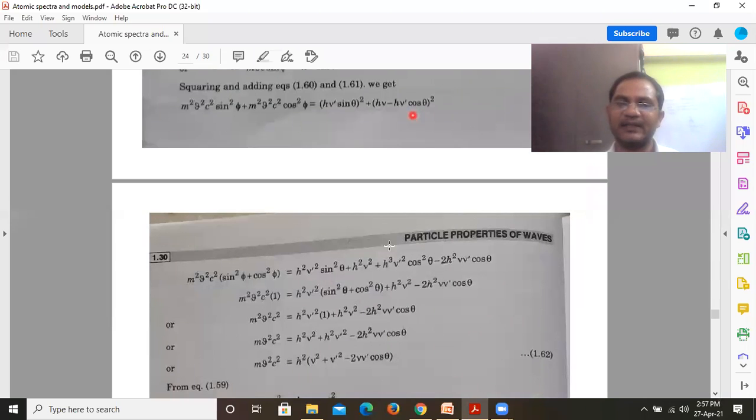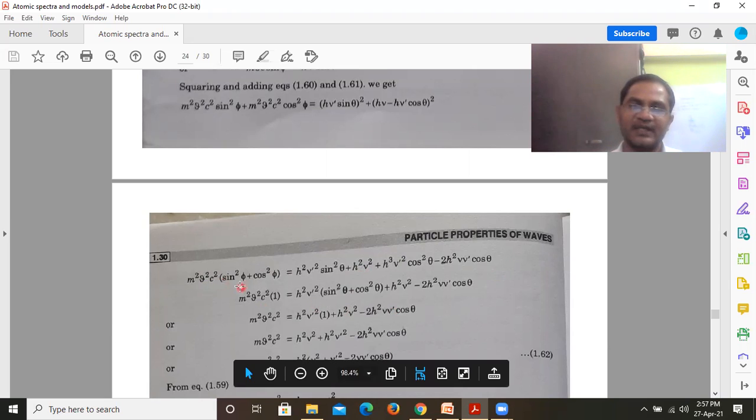By expanding that as a square plus b square minus 2ab, we get h square nu square, not h cube, you correct this while you are writing the notes, plus h square nu dash square cos square theta, minus 2 h square nu nu dash cos theta, the 2ab term. On the left side, sin square phi plus cos square phi equals 1.